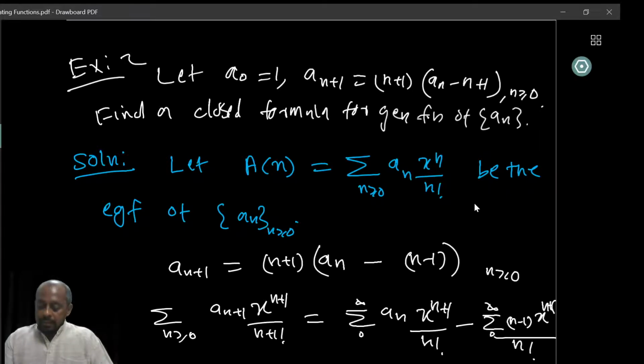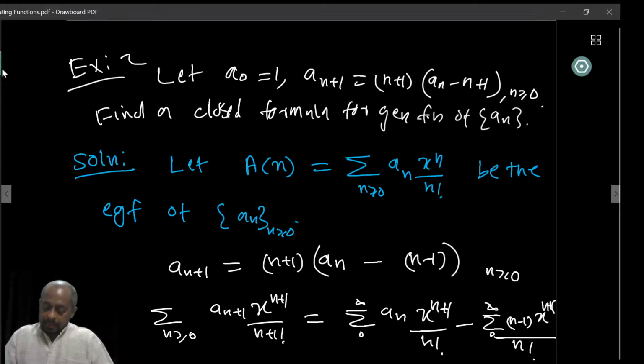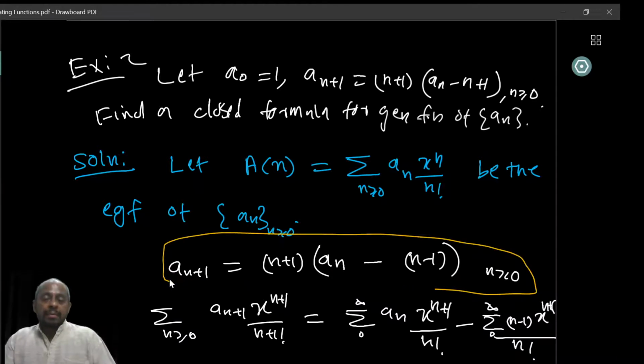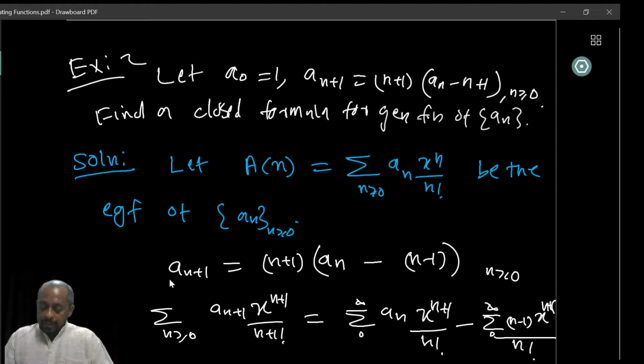Now, what we know is our recurrence relation. So we start with the recurrence relation, and since the left hand side is a_(n+1), we divide throughout by x raised to n plus 1 by (n plus 1) factorial on all the terms. And then you take the sum over all n, the standard technique.